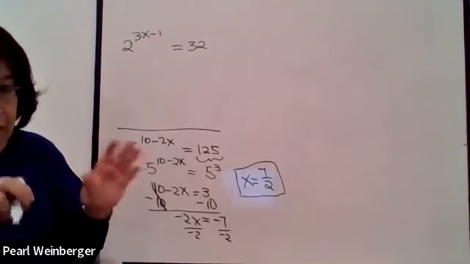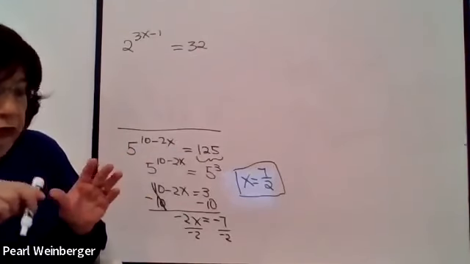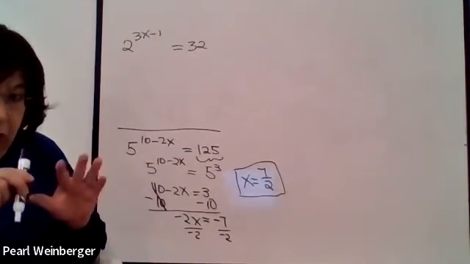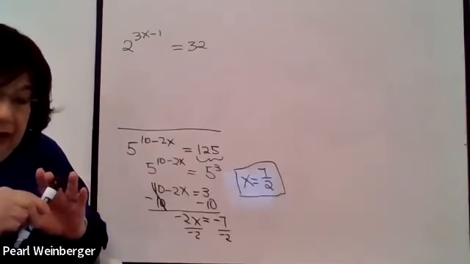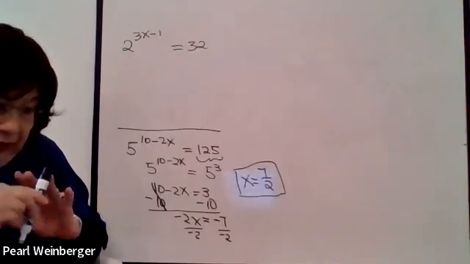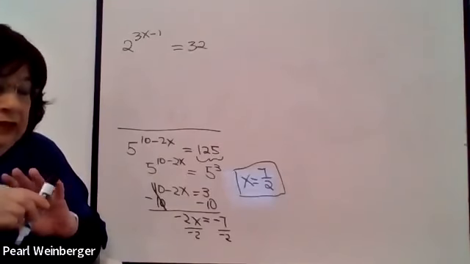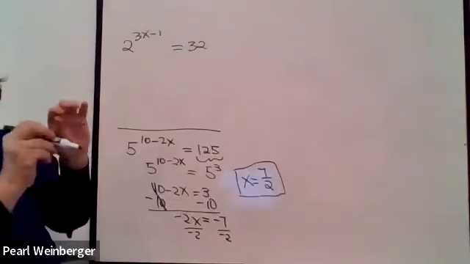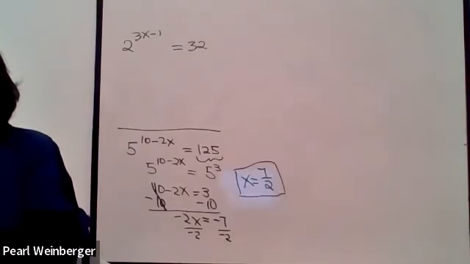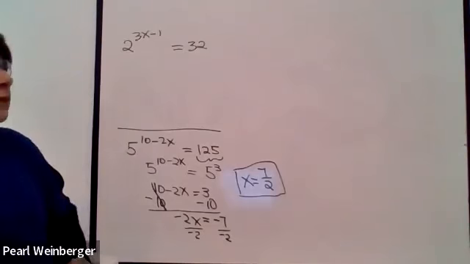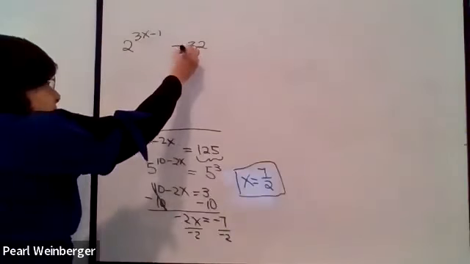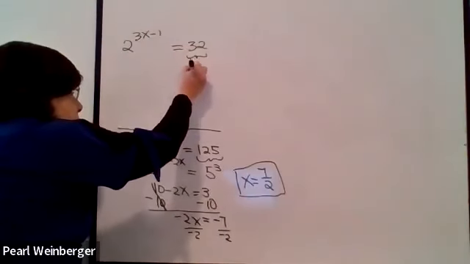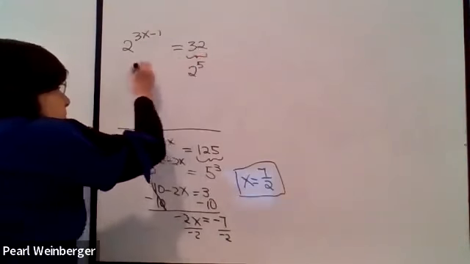So again, I go through my numbers. 2 times 2 is 4, 4 times 2 is 8, 8 times 2 is 16. 16 times 2 is 32. In other words, if I multiply 2 five times, I will get to 32. So I can rewrite the 32 as 2 to the 5th power.